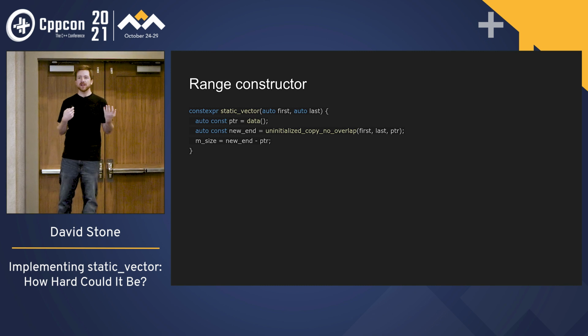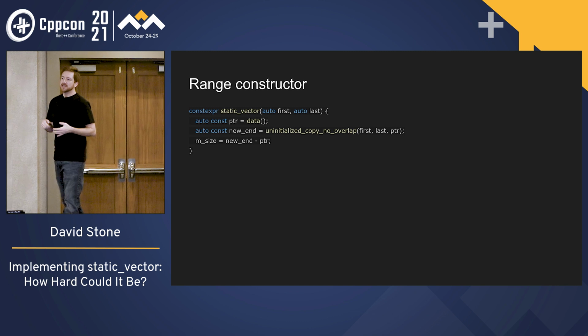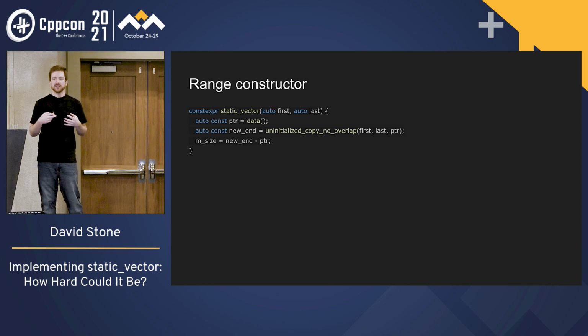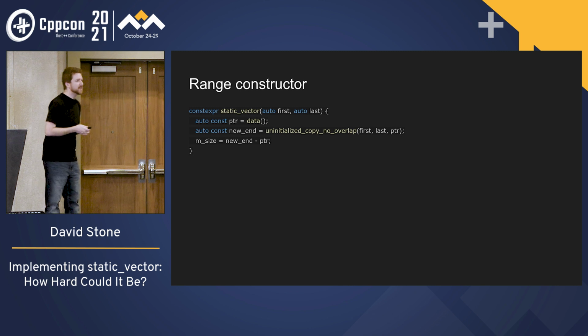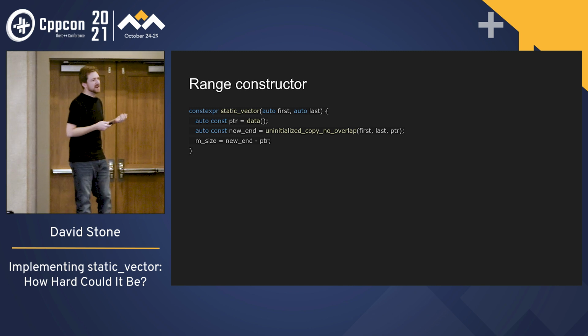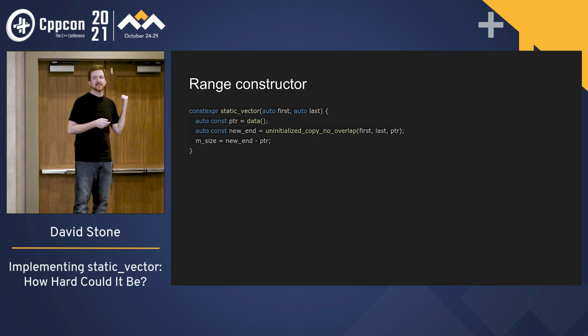And for those of you unfamiliar, back inserter takes a container and creates an iterator for it where dereferencing and assigning to the iterator calls pushback on the container, which kind of brings us back to the previous slide about what you do with pushback. But yeah, so kind of same issue here, but now applying to pushback there.